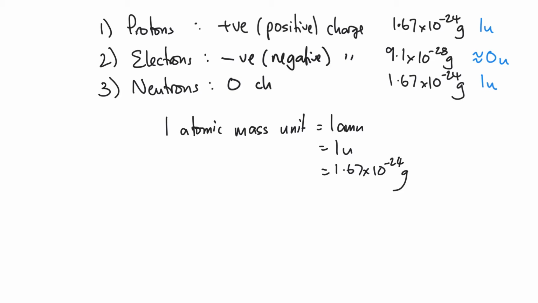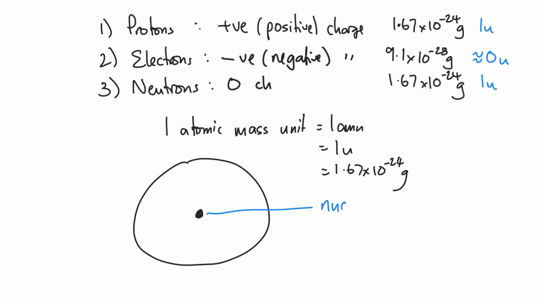And if we look at a drawing of an atom, so that is a very poorly drawn atom, what we find is in the center, and that's actually a little bit larger than it should be, but I'm going to make it even larger still, is a place that we call the nucleus. And the nucleus is where you find protons and neutrons.